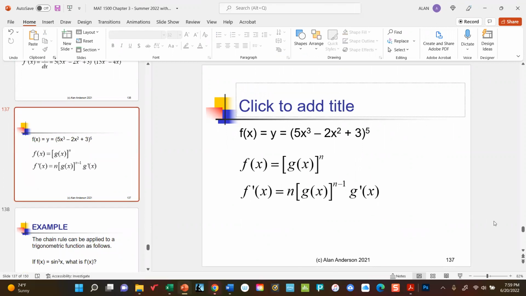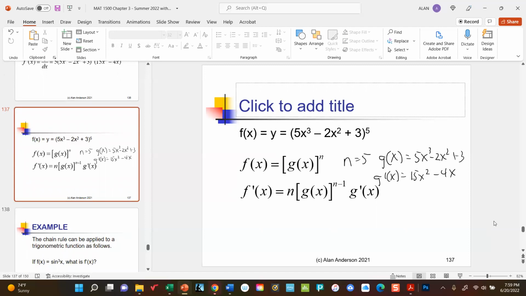So in other words, in this particular case, I could have just used this rule because you can see n is 5 and g of x is 5x^3 - 2x^2 + 3. So therefore, g prime of x is 15x^2 - 4x.